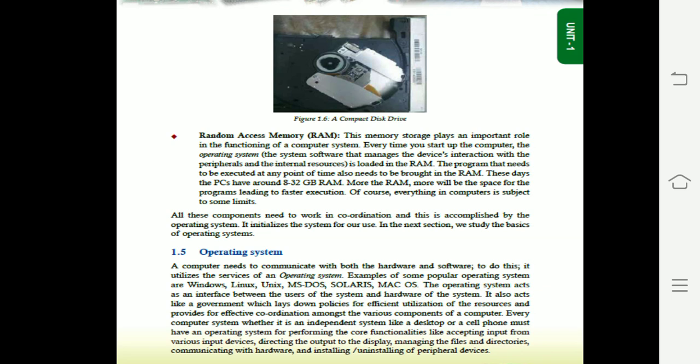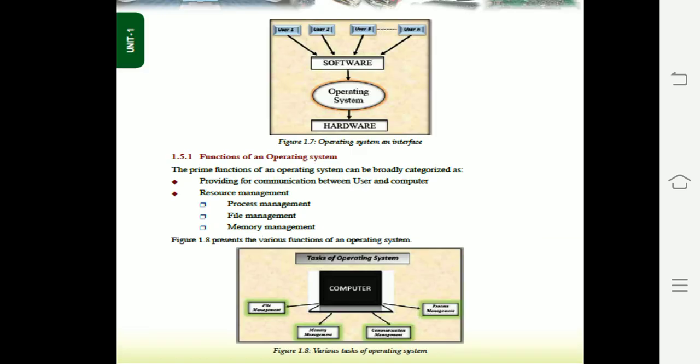So we can say that whatever action is done in our system by the different devices, all of these are governed by the operating system. The operating system becomes the main base, or you can say the interface of the system, that governs all software, hardware, and the different users who are using it.